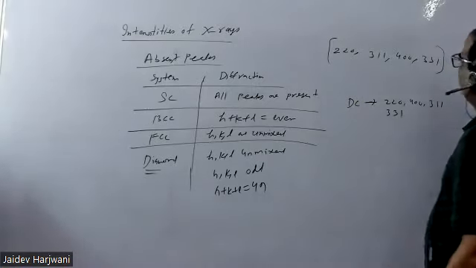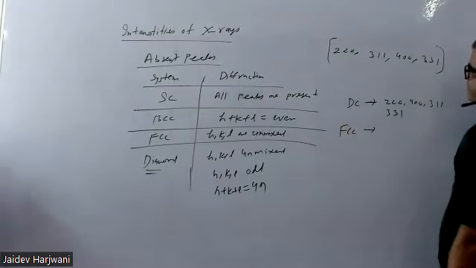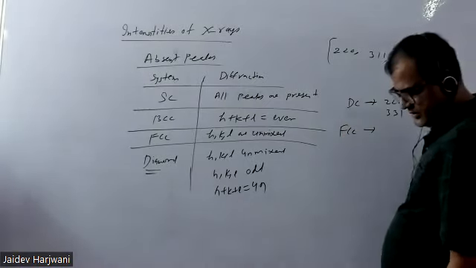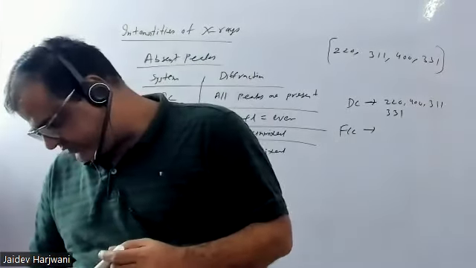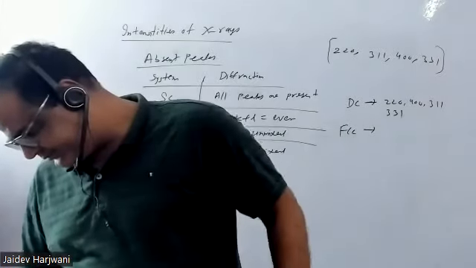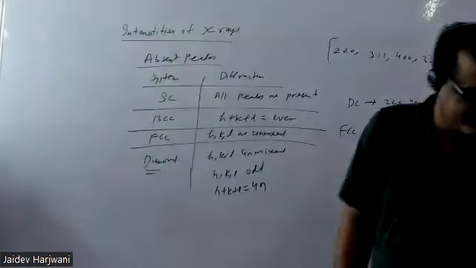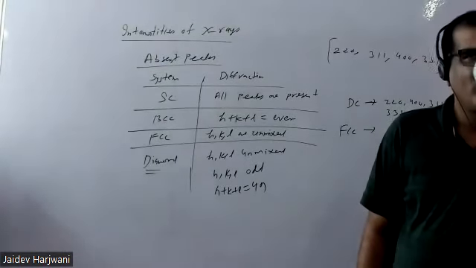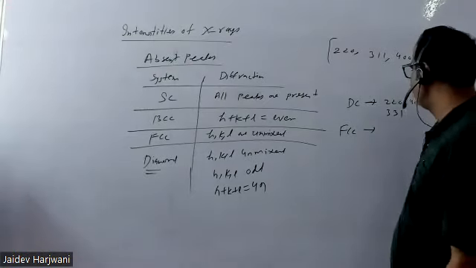If I talk about FCC, which are present in FCC? Which is not present in FCC? Tell me. 220 is present, 311, 400. So obviously FCC also has all present.